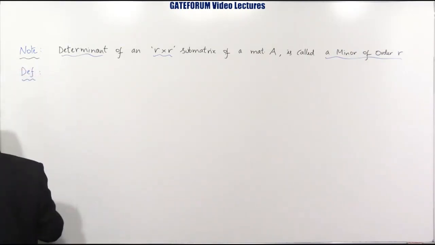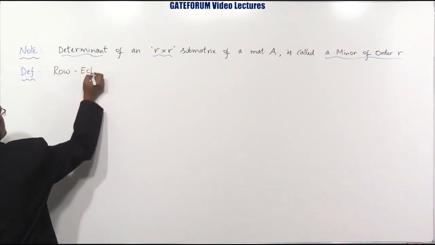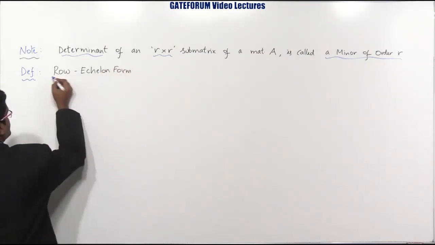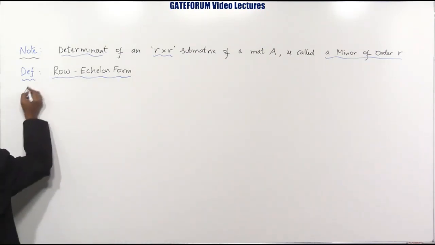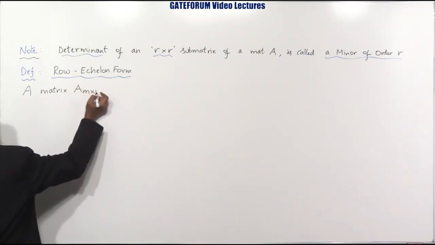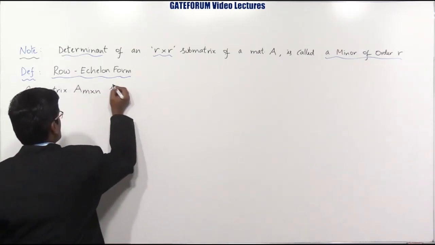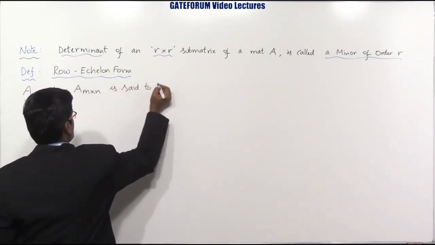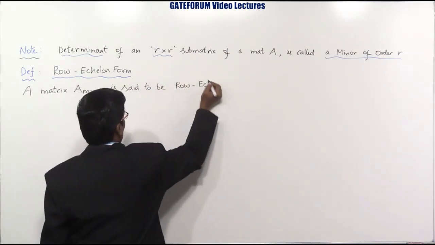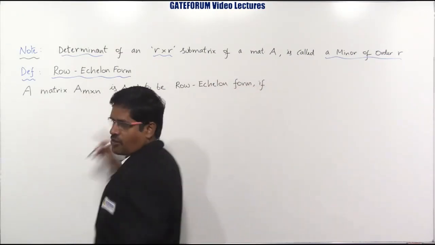Definition. Row echelon form. A matrix A, m cross n, meaning maybe a square matrix or rectangular matrix, is said to be in row echelon form, if the following conditions are satisfied.